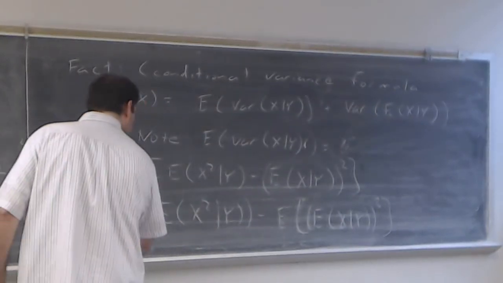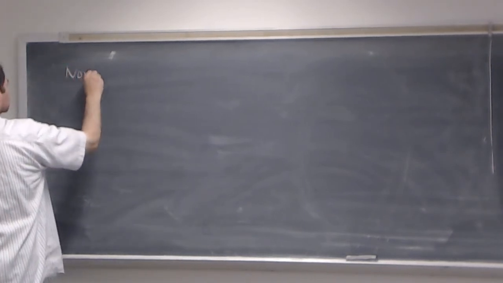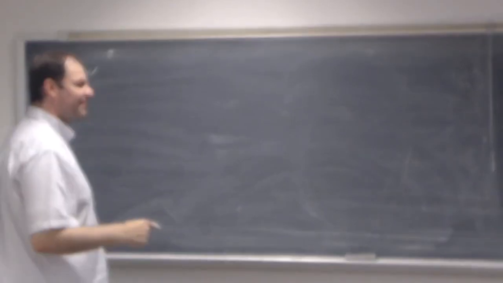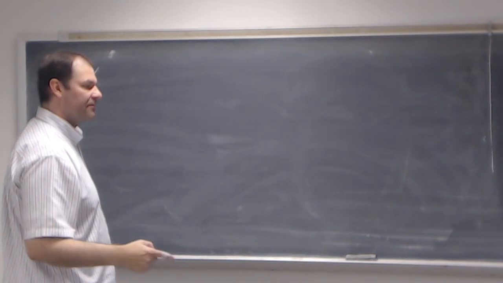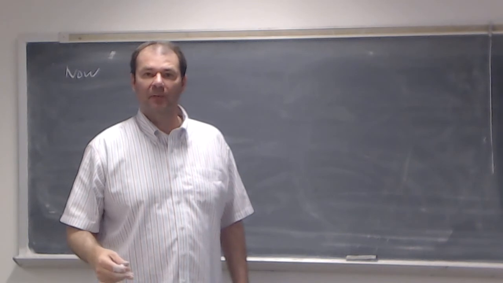Now, let me write up here. The expected value of the conditional expected value of x squared given y, by the extension of the previous fact that we had, yields the following.